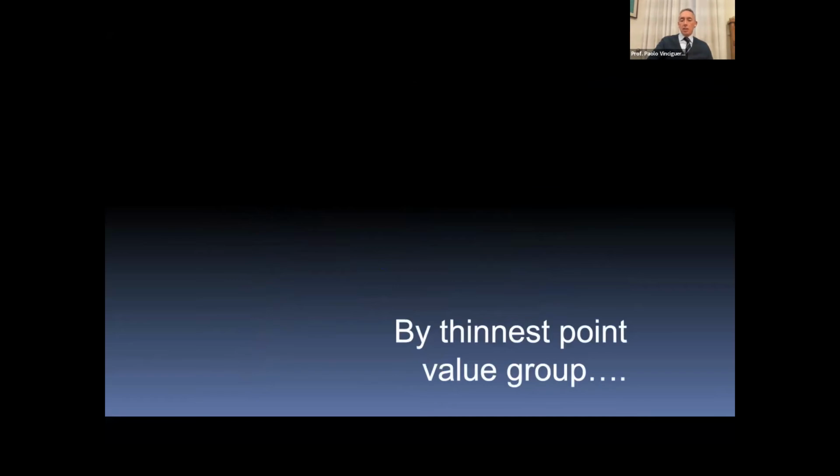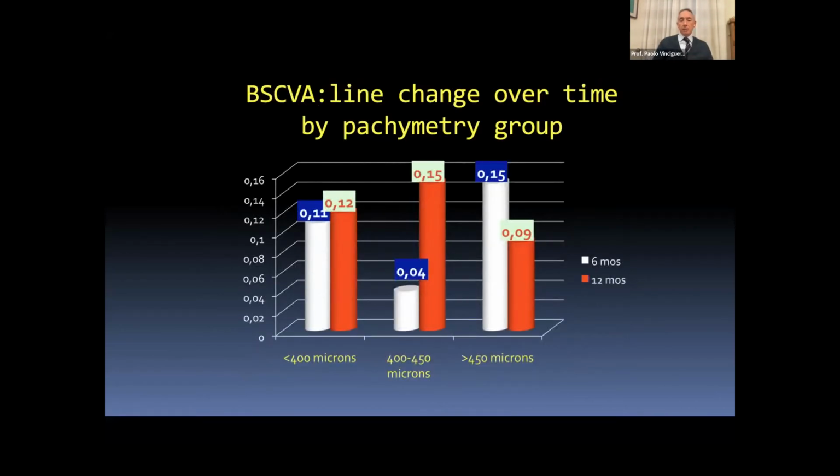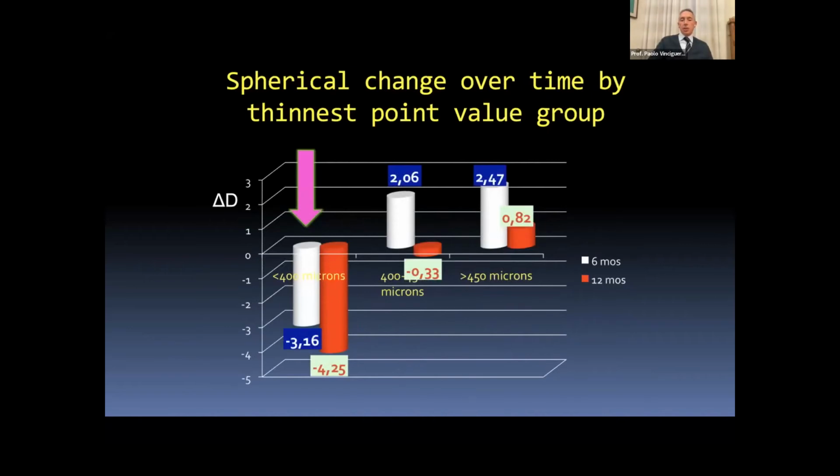Now let's see the change dividing patients by pachymetry. The best corrected acuity line change over time is almost identical, even if we can see that at 12 months, the patients who gain more are the patients with the thinnest cornea at baseline. For the spherical change over time by pachymetry, we can see that the greater flattening is in the patients who are in the thinnest group.